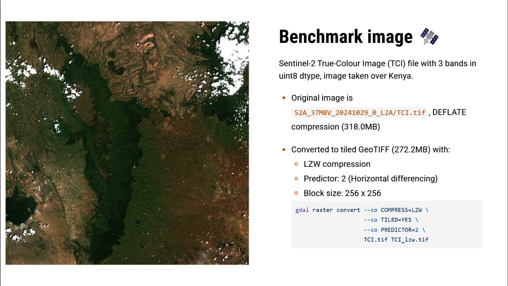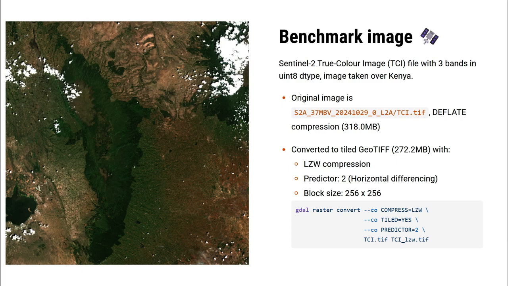Okay, I'm going to run through some benchmarks. We're going to look at a Sentinel-2 true color image, RGB three band. It will be a uint8 data type. This image is taken somewhere over Kenya. It originally came in deflate compression at 318 megabytes.